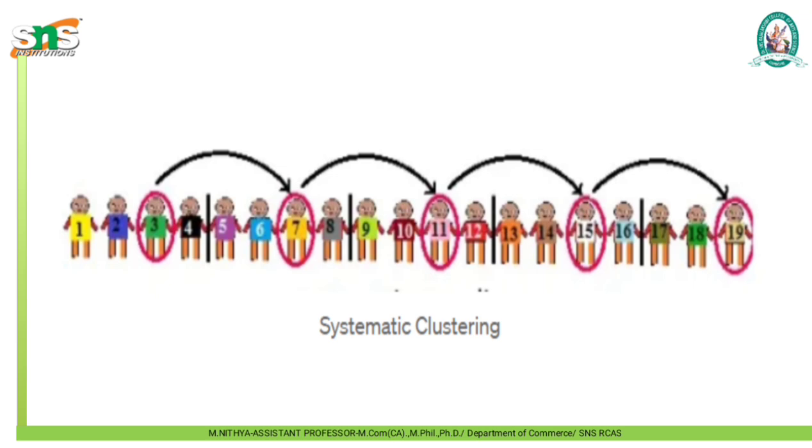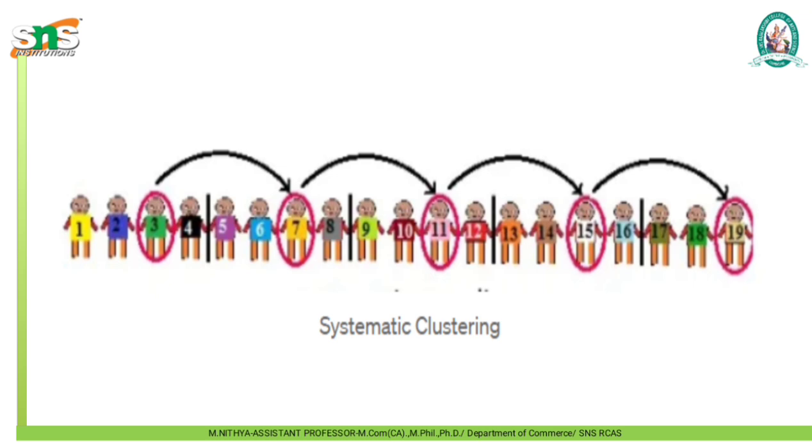Below are the steps to carry out the systematic random sample. First, fix the sampling interval: the number of elements in the population divided by the number of elements needed in the sample. Choose the random starting point between 1 and the sampling interval. Lastly, repeat the sampling interval to choose the subsequent elements.